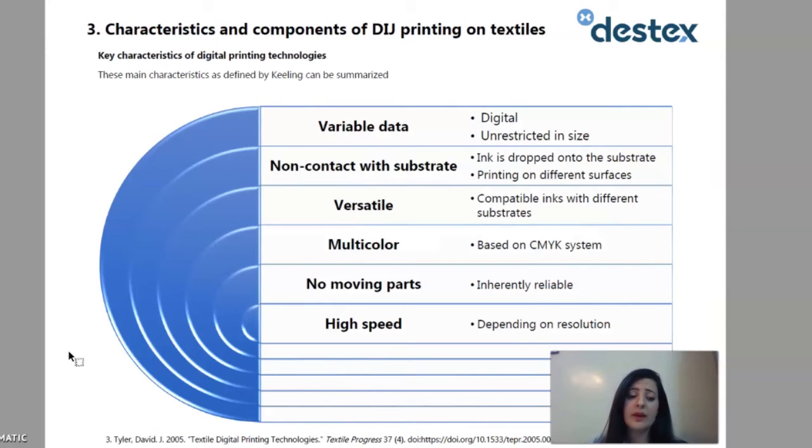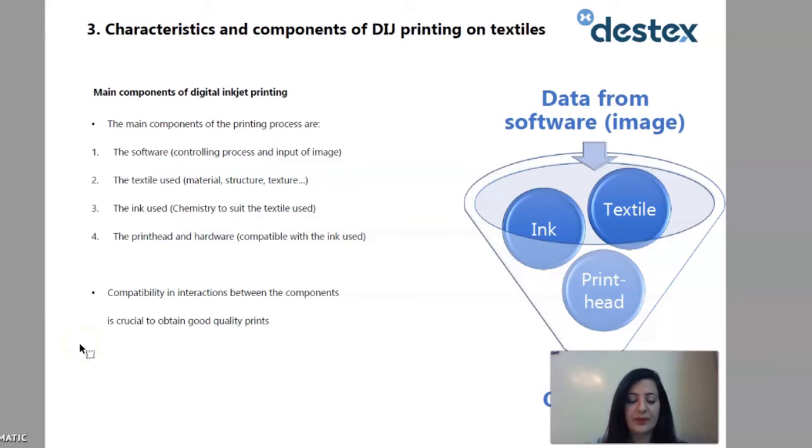There are some key characteristics of printing in this methodology, one of which is how versatile and multicolor it is, with high speed also, and it's very flexible for the now very fast changing trends in the fashion industry and in textile in general.